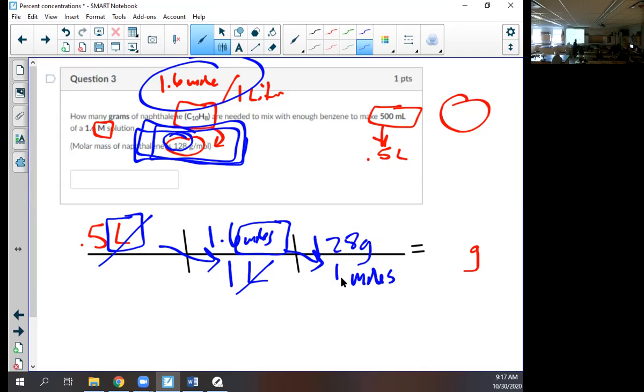Now the unit of moles disappears. And then math, these are nice, I think. You just multiply everything on top: 0.5 times 1.6 times 128. Anyone type that in yet for me? It's 0.8 times 128. I'm going to say it's like 106.